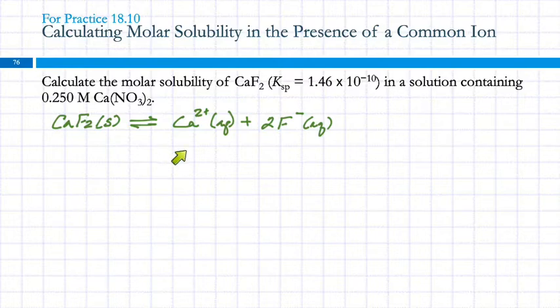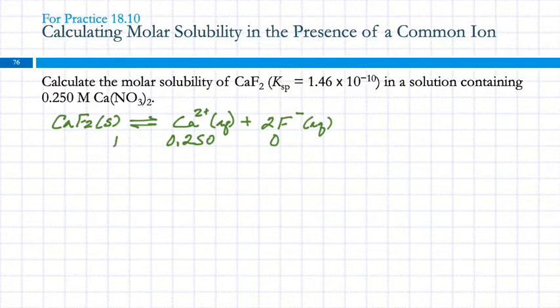But is the initial concentration of calcium 0 when it's in a solution already containing 0.25 molar calcium? The initial concentration of calcium is 0.25 molar. The initial concentration of fluoride is 0.